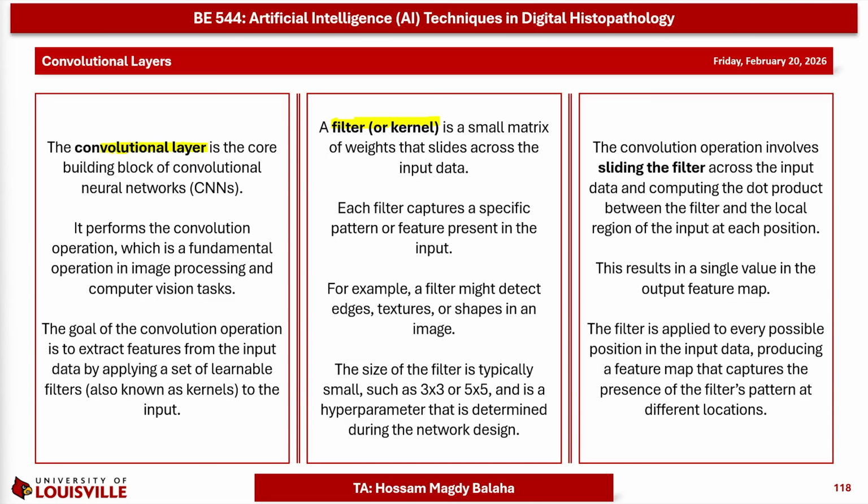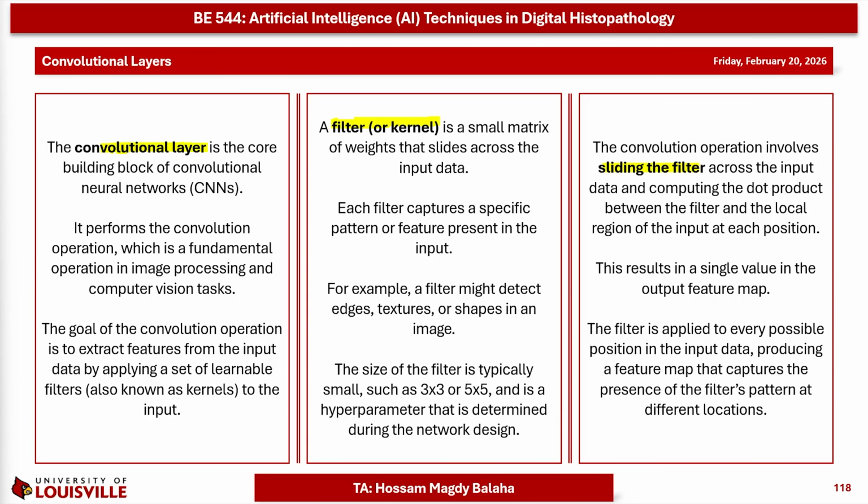The size of that filter or kernel is typically small, for example, 3 by 3 or 5 by 5. So imagine that we have a 3 by 3 or 5 by 5 matrix sliding over the 512 by 512 image. And the sliding here means moving from left to right and from top to bottom.